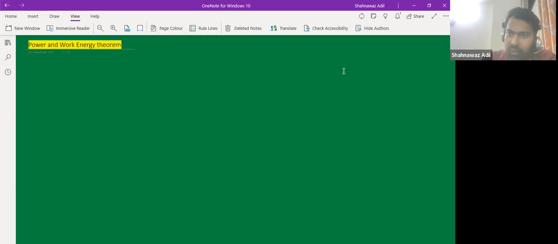So far, what we have understood about work done. What is work done? F s cos theta, force into displacement. Whenever somebody asks you what is work done, we remember that by applying some force, we are moving some object with some distance, and that is called the work done.